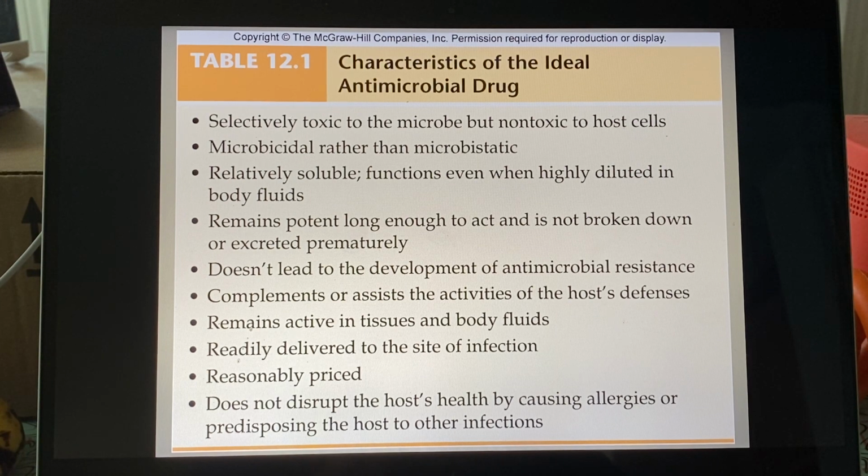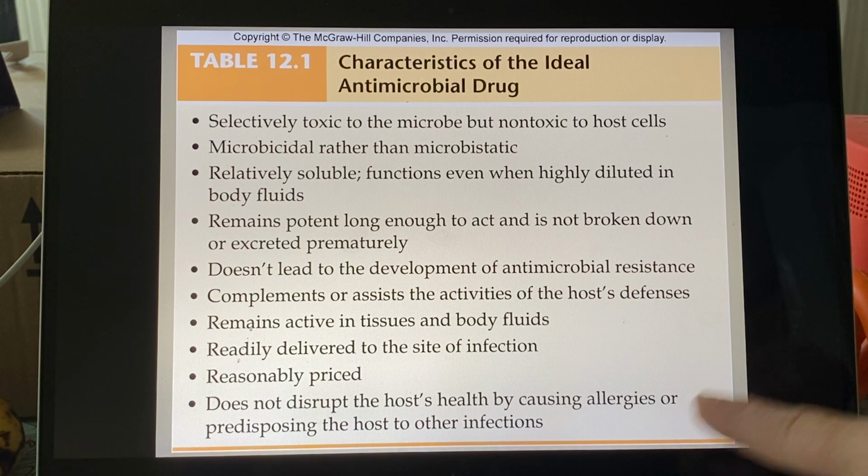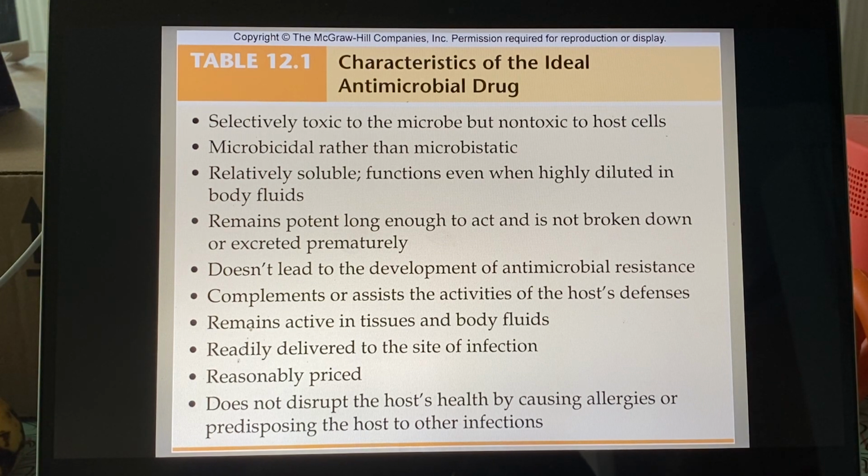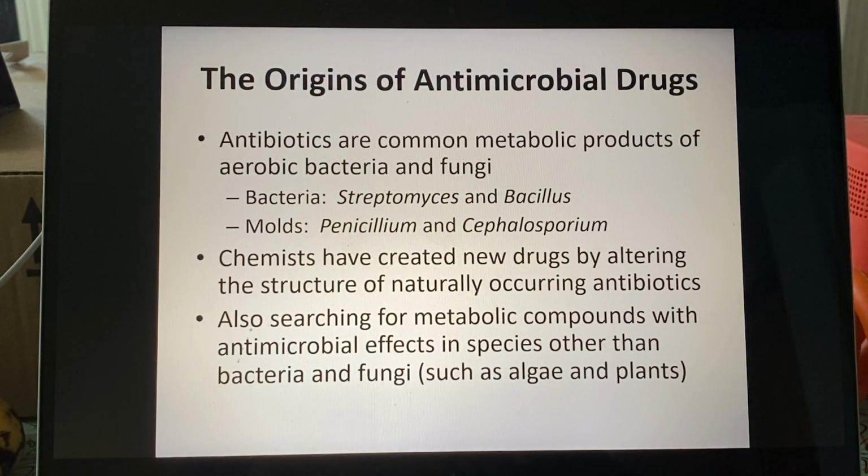Obviously it doesn't do us much good if it's $10,000 a pill. And we don't want it to cause allergies or to predispose the host to other infections. A lot of times we can't control that, and it actually does do that, unfortunately. Talk about that a little later too.